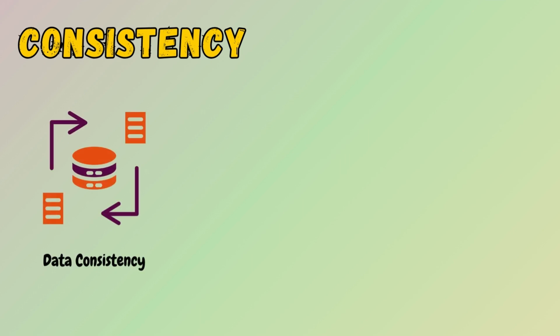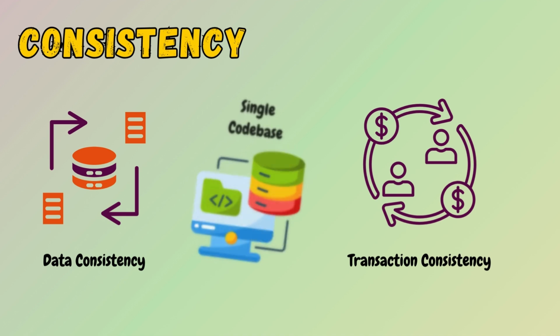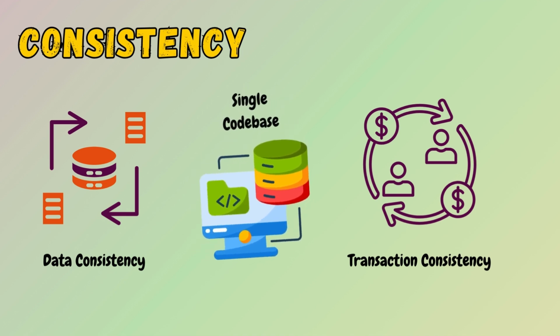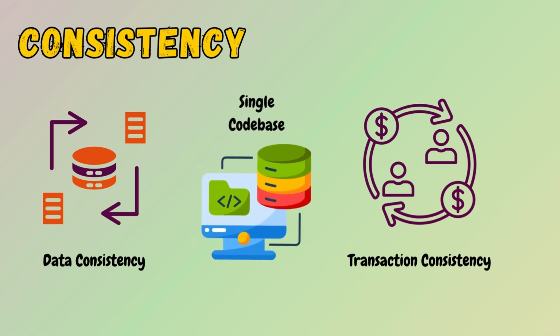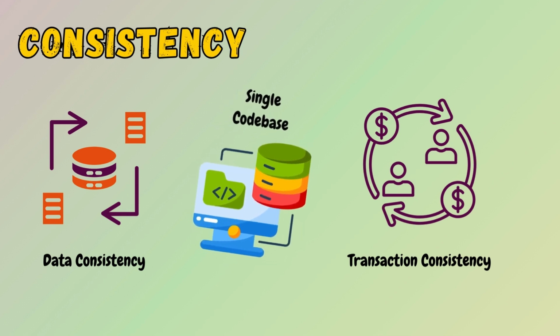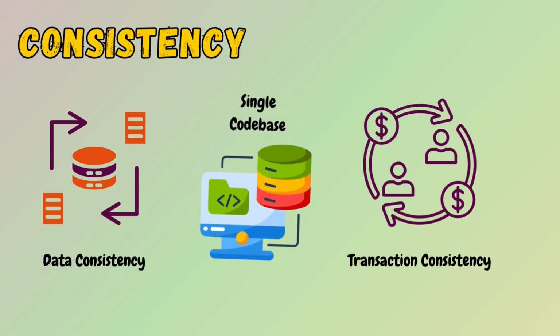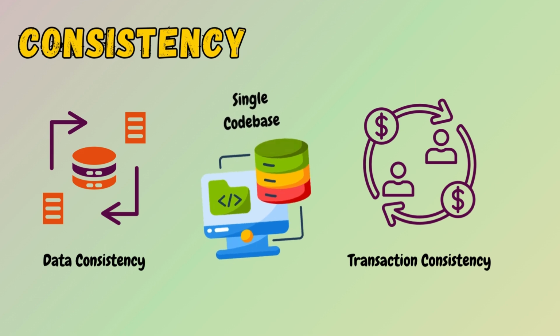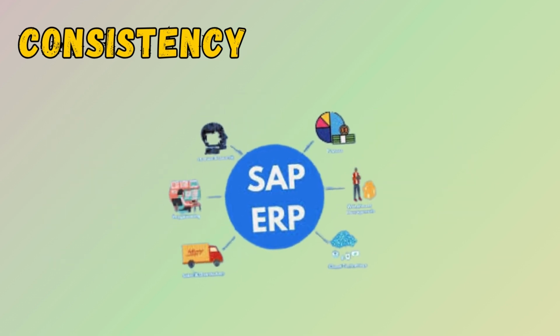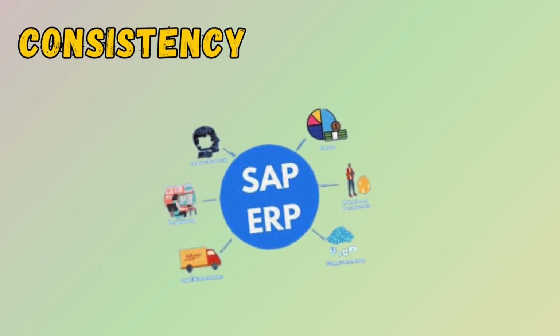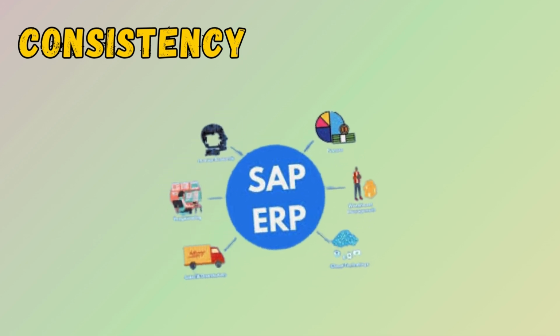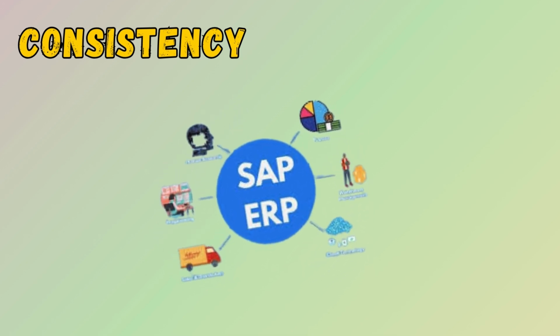Monolithic architecture ensures consistent data handling and transactions within a single application, simplifying data management and reducing the risk of inconsistencies. For example, traditional enterprise applications like SAP ERP systems rely on monolithic architecture for centralized data management and transaction processing.